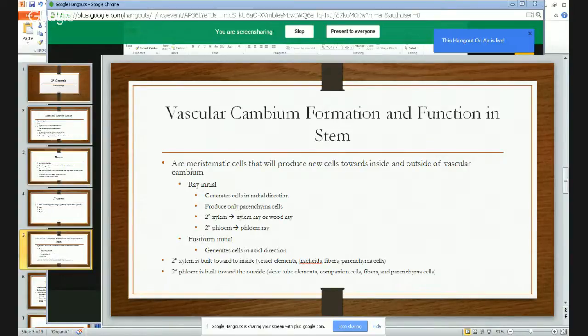And they're going to produce cells in the axial direction, which is up and down. And then below, you've got your ray initial cells. Those are the square ones that are going to give rise to parenchyma cells. If you were to take a cross section of those, they're going to be more square shaped or cube shaped. So that kind of gives you an idea there.